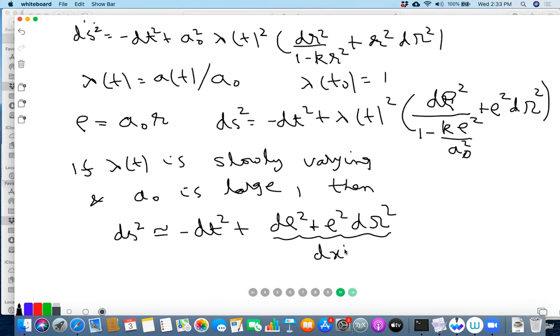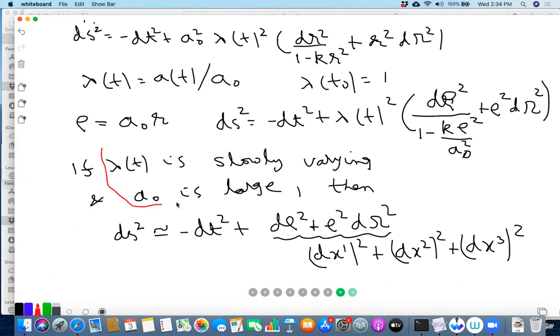So I can write this as dx1 squared plus dx2 squared plus dx3 squared, which is a flat metric. What this is saying is that if the FRW metric has to represent our universe as known today, then lambda must be slowly varying and a naught must be large. These are the two conditions that we learn.